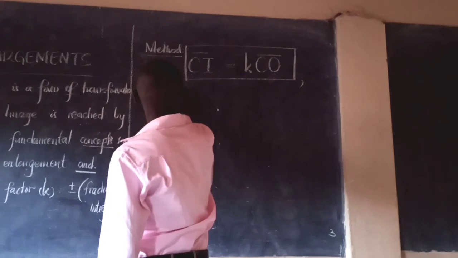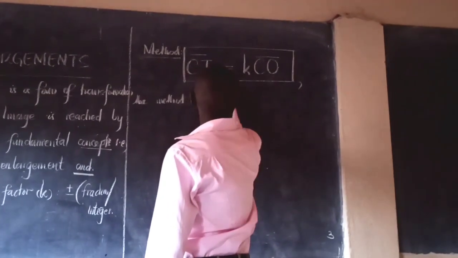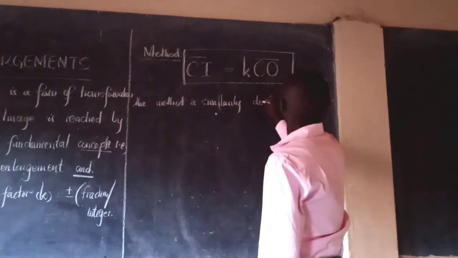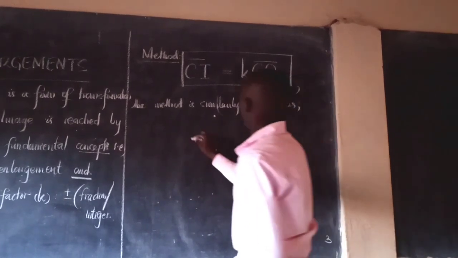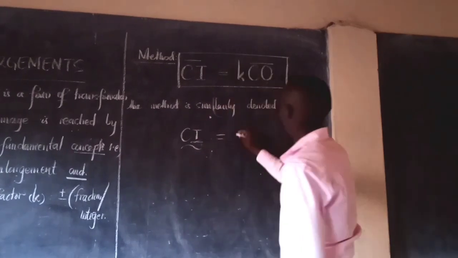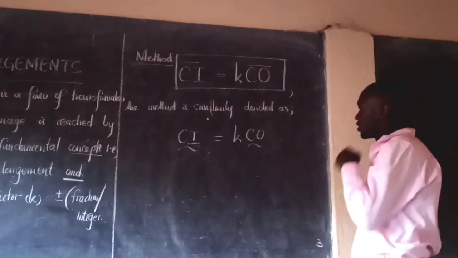This method is similar. The method is denoted as the displacement from the center to the image as a vector is equal to K times the displacement from the center to the object.